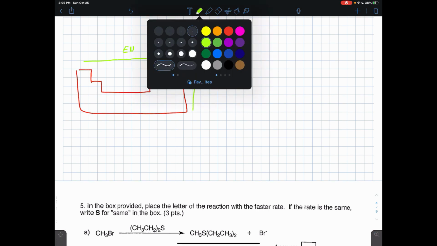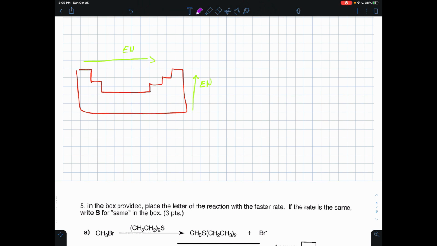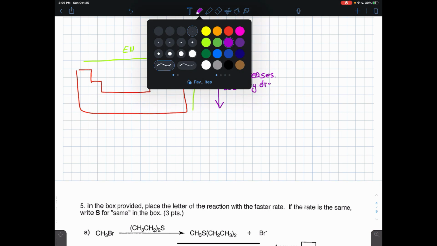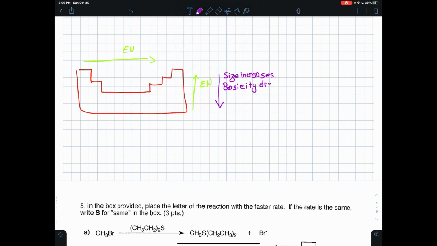Now when it comes to nucleophilicity, it increases as we go down. As we go down, the size of the atoms increases, and the basicity decreases. And then nucleophilicity, I'm just gonna write NUC here, increases.